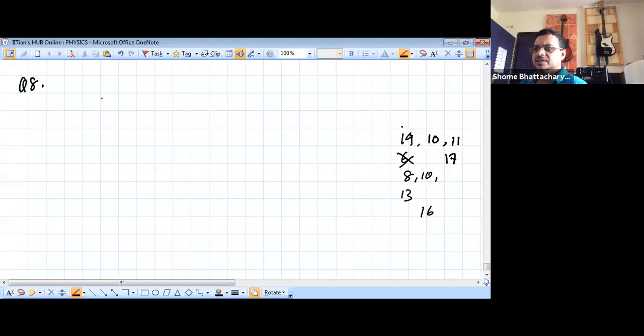Okay. So what do we have to do in question 8? We have to find the work done. So you have to just understand that the definition of work done is the dot product of force and displacement. So force is already given to us in the question.